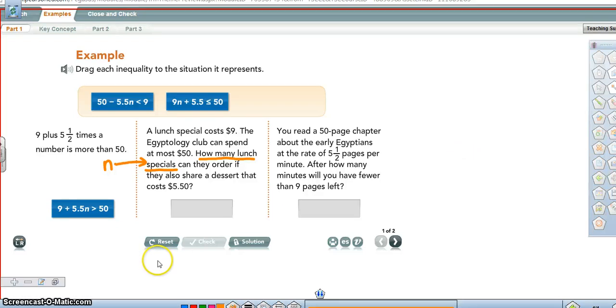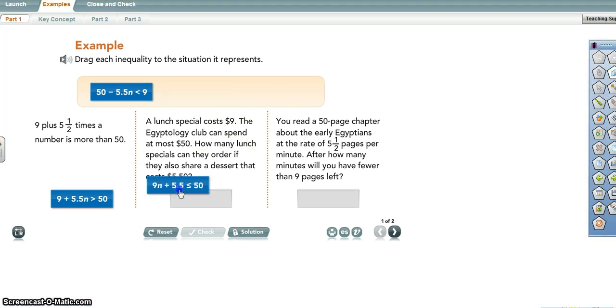So we're going to pay $9 times the number, we're also going to buy one dessert, and then the total can be at most $50. At most means that that's the maximum. Like, we can spend less than that, but we can't spend any more than $50. And it also means that it would be okay if we spent exactly $50. So this matches with our second inequality choice.